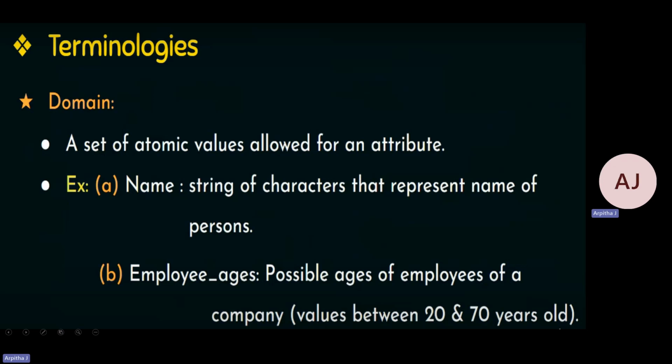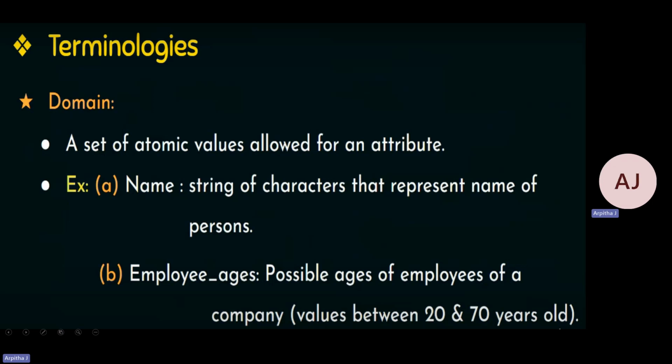So a domain is an atomic value; you cannot divide it further. Name is one of the attributes, and the name should be of type character. I cannot divide it further, and I am not saying the name can be a number also. Next, age. If I take age as an attribute, it should be an integer between, in the example I have taken, 20 and 70.